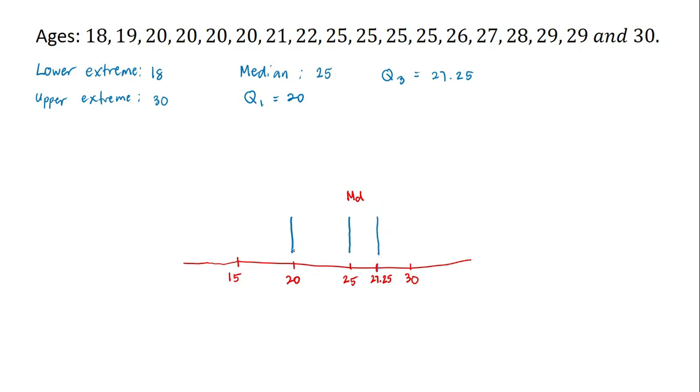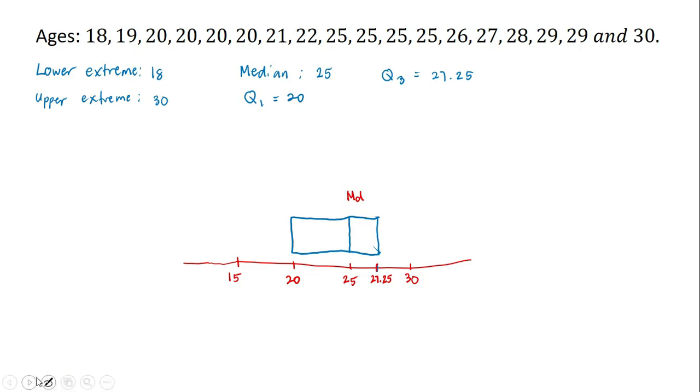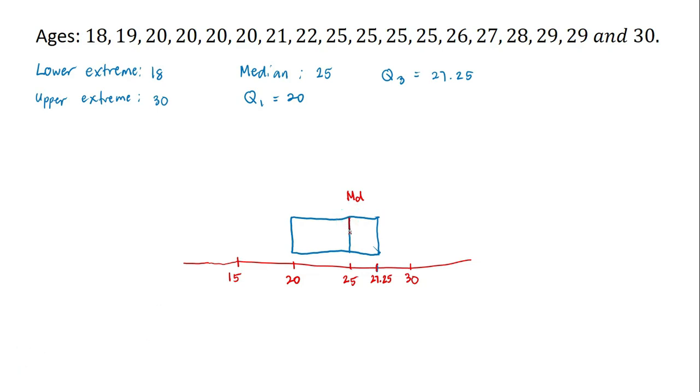And then you form the box. So this is the box, Q sub 1 to Q sub 3. And I will just use another color for the median, class. Red na lang. Okay, so this is the median.